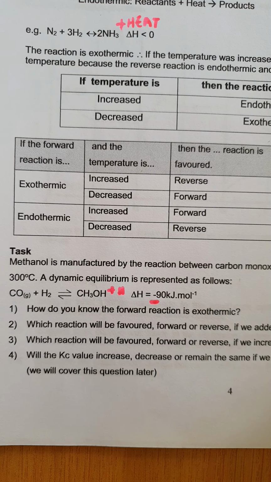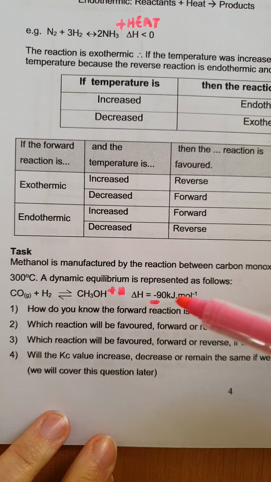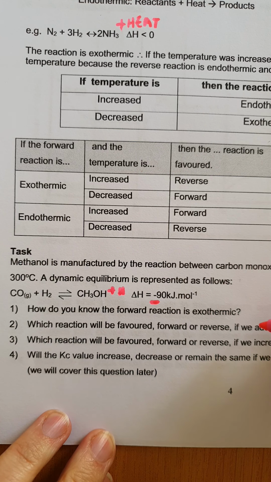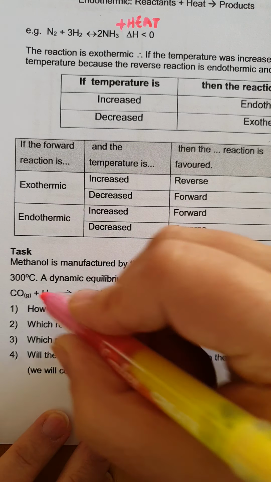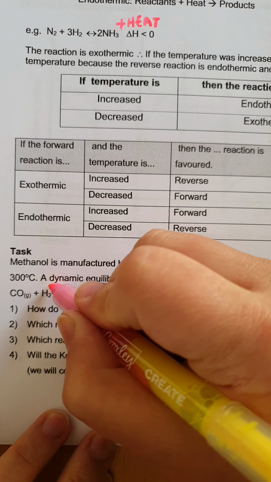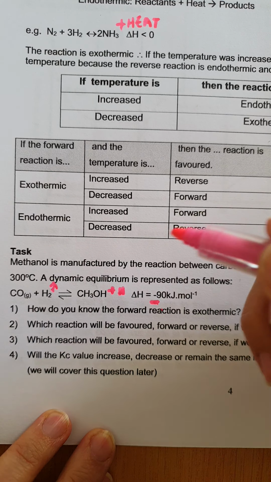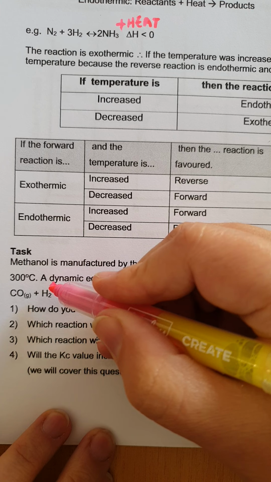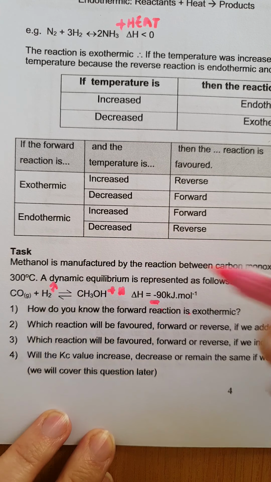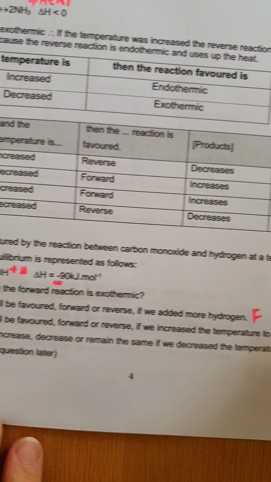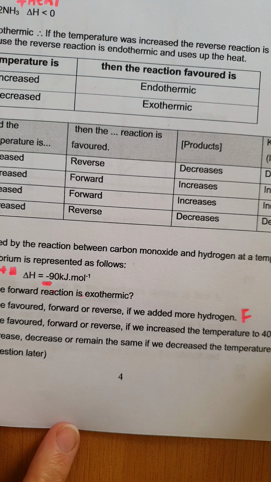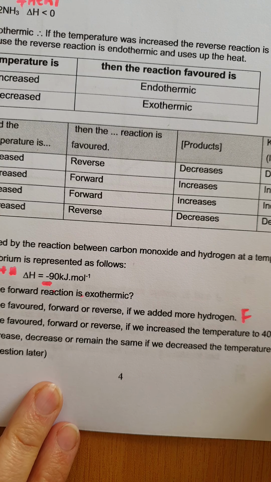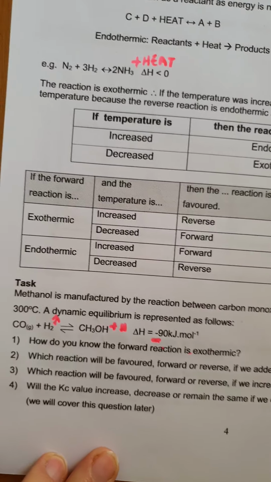Which reaction will be favored, the forward or reverse, if we added more hydrogen? So we're going to increase hydrogen. We want to use up the hydrogen because we've got too much now. The forward reaction is favored. Which reaction will be favored, forward or reverse, if we increase the temperature to 400?